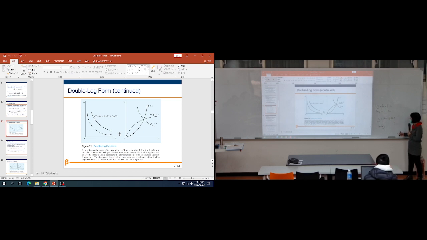In the equation, you can have different forms. If I have beta 1 x1 as ln, then beta 2 x2, they can have a combination in the equation, not all of them.